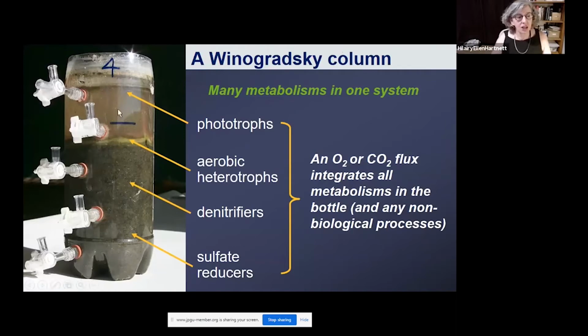And if you measure the amount of oxygen in the headspace of this column, it integrates all the metabolisms that produce oxygen and consume oxygen, as well as any abiological or non-biological processes that might be consuming oxygen. So we can imagine that the atmosphere is like the headspace of this Winogradsky column, and we need to infer all of the processes that change the atmospheric composition.